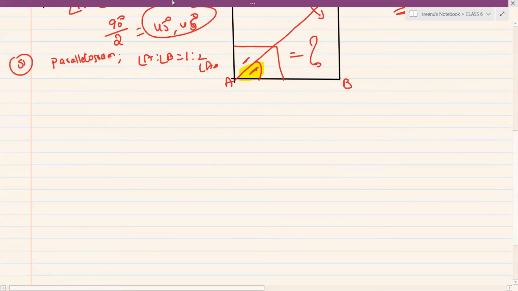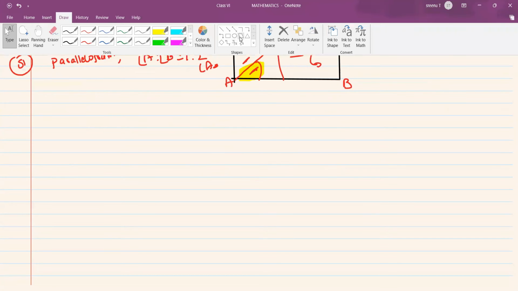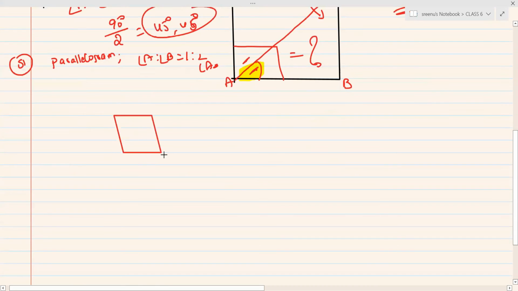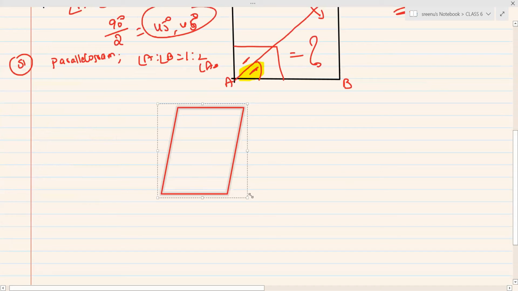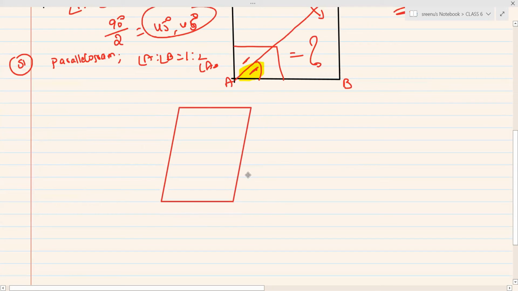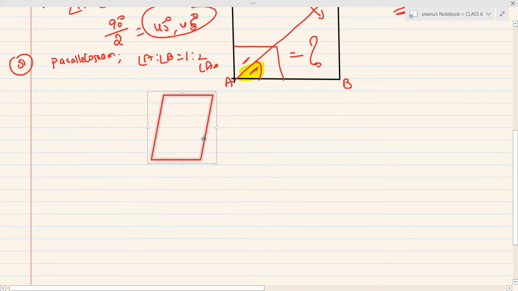So let's try to draw the parallelogram. Yes, the parallelogram.